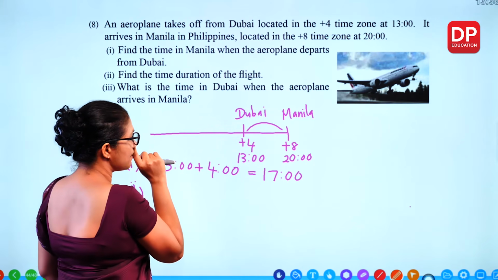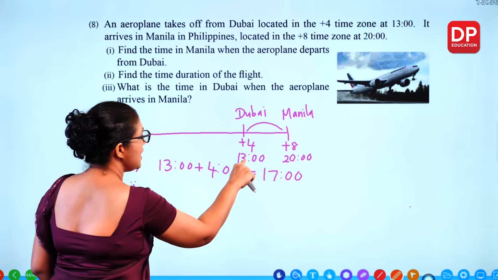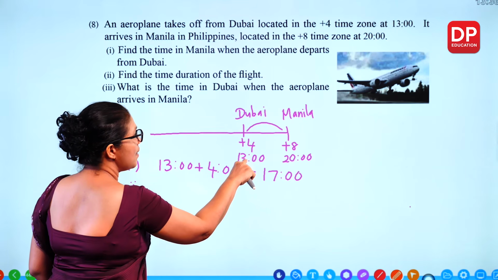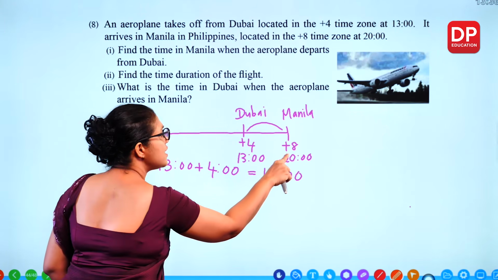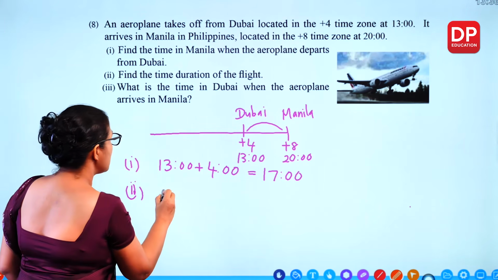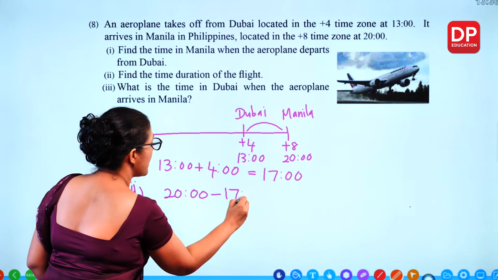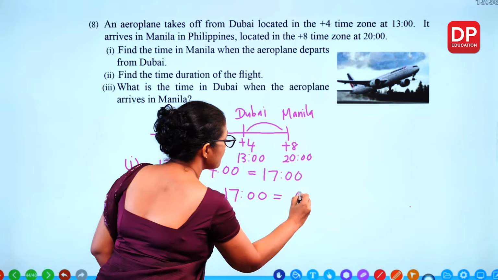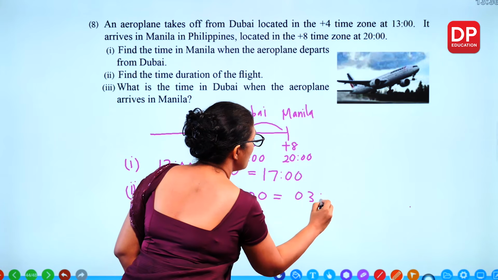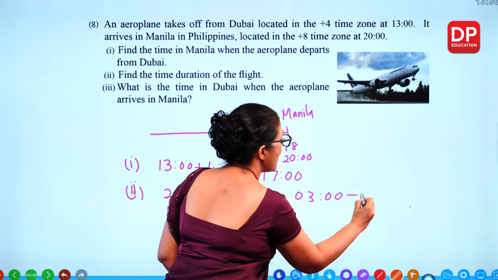So this is 17 here. That's Manila time, 17 to 20. So what's the difference? Only 3 hours flight.